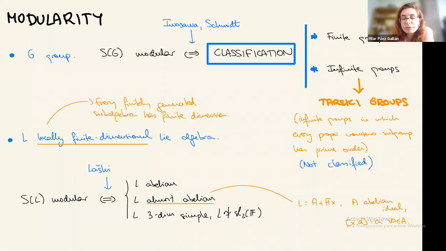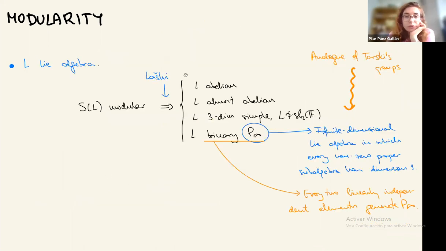Okay, and what happens if we go to the general case? We forget about this locally finite dimension, and we go to the general case. Well, we have also that if the lattice is modular, then L can be abelian, almost abelian, three-dimensional simple not isomorphic to sl2, or we can have that every two linearly independent elements generate this infinite dimensional Lie algebra, which is kind of the analog of a Tarski group in the context of Lie algebras.